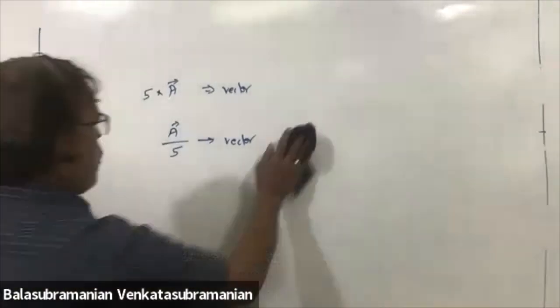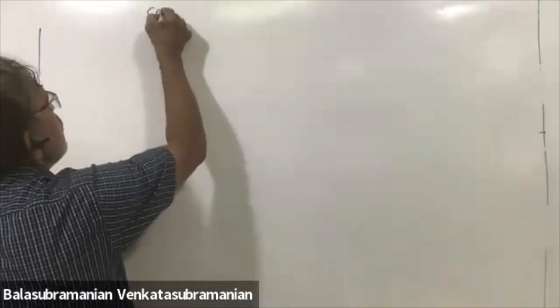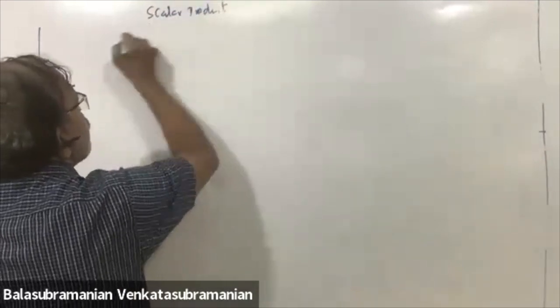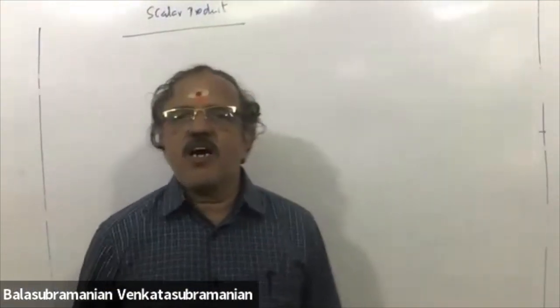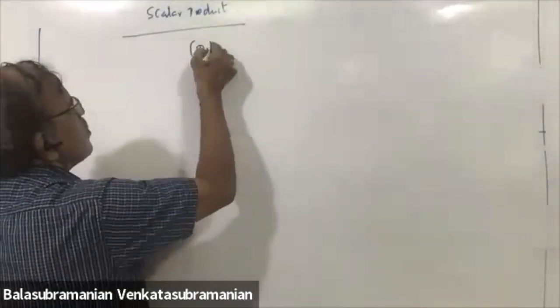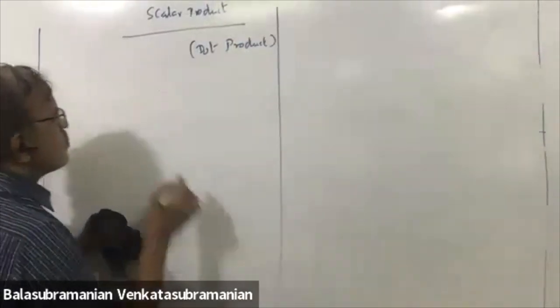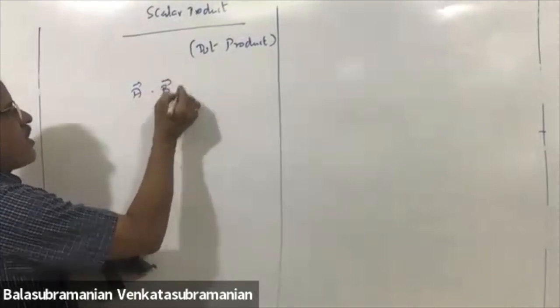Now, scalar product of two vectors. What is called a scalar product, otherwise known as dot product. A vector dot B vector.